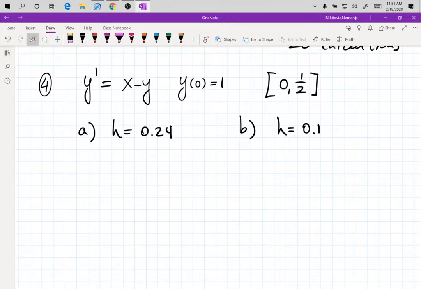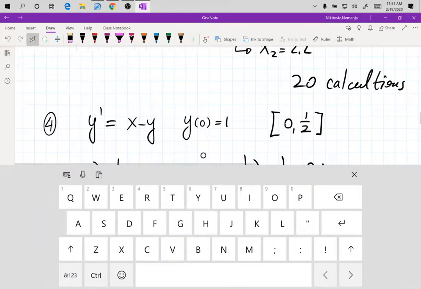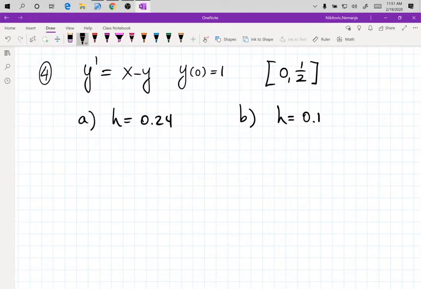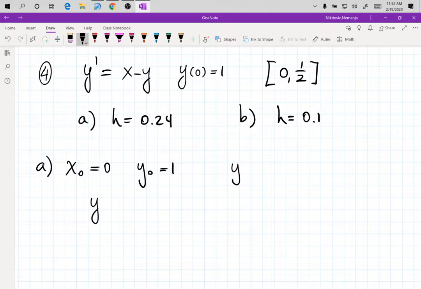So to do Euler's method, we are going to start with part A. x0 is 0, y0 is 1. And now I have my Euler's formula, which says y(n+1) is equal to yn, which is the current one, plus h times f of xn, yn.